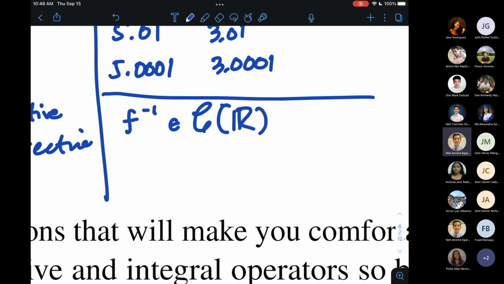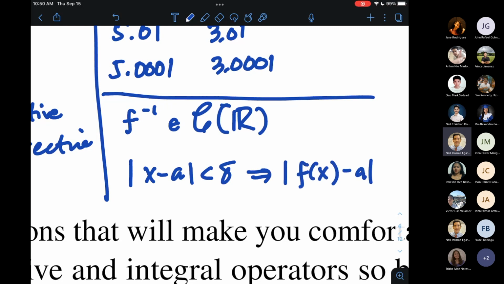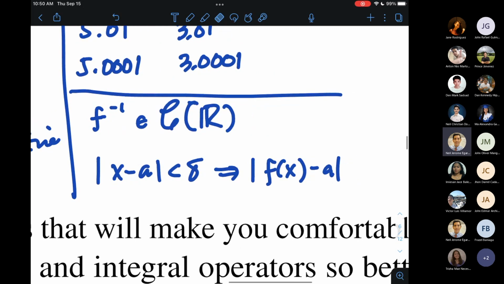Ano ba yung implication ng continuity? If you remember the definition of continuity, maganda sana ipapa-recite ko pero ang sabi niya, for all epsilon greater than 0, there exists a delta greater than 0 such that whenever x minus a is less than delta, then f of x minus f of a is less than epsilon, right?